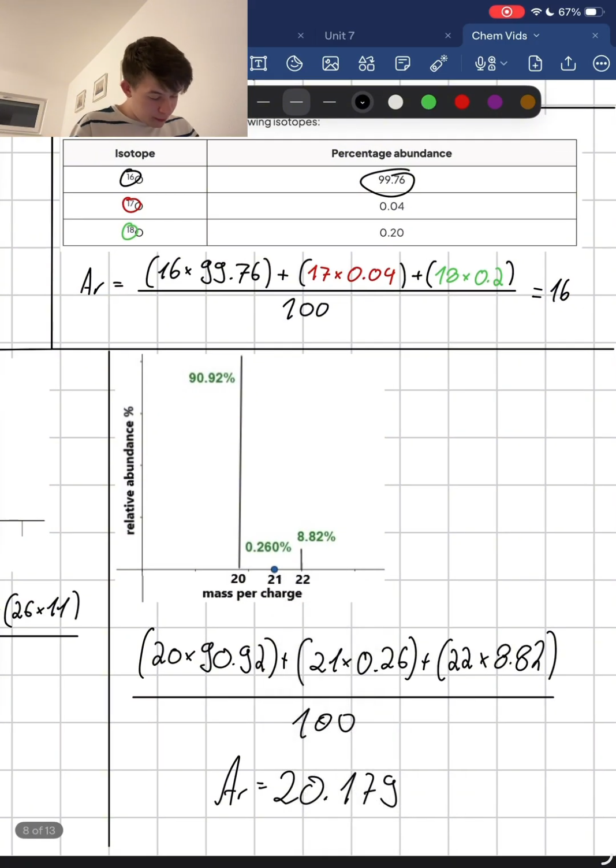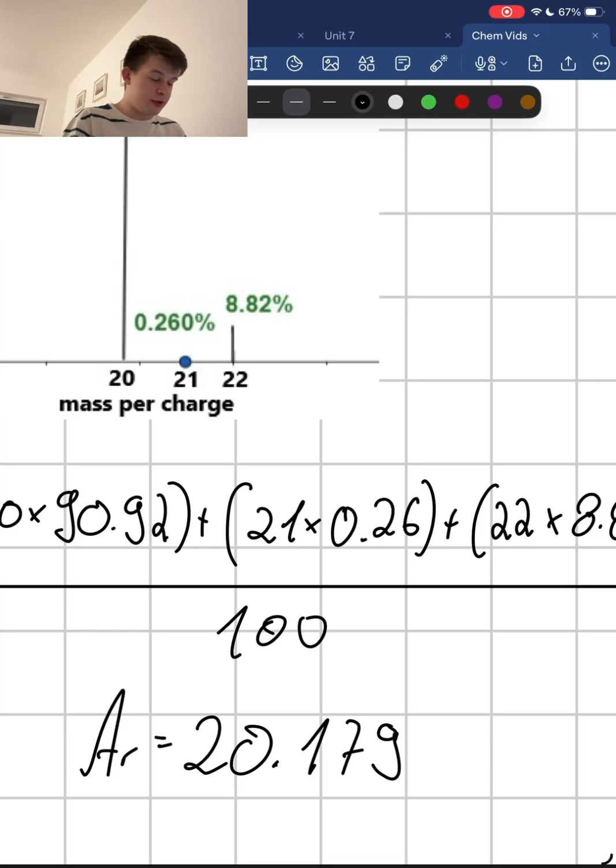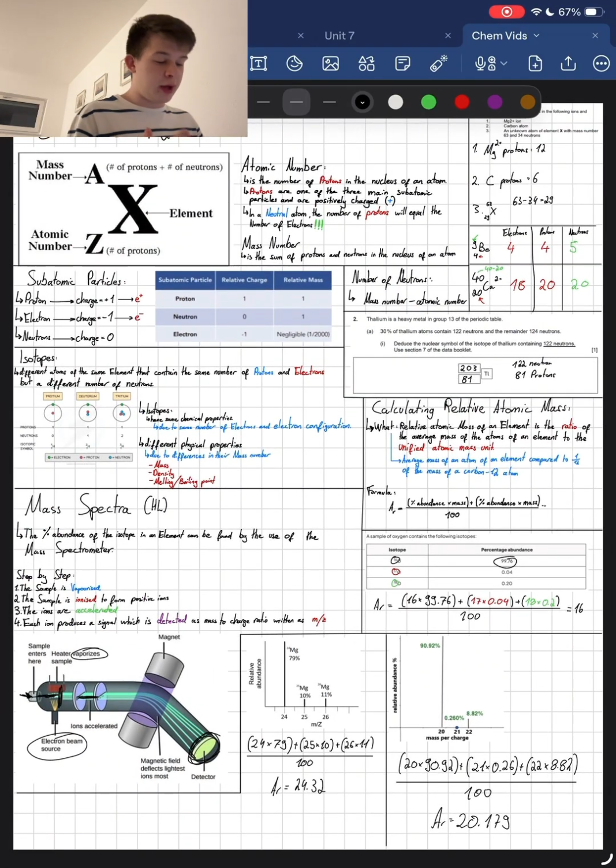So what we learned in this structure, the beginning of Unit 2, Structure 1.2, we learned definitions of the mass number, the atomic number, and what isotopes are and what differences they have.